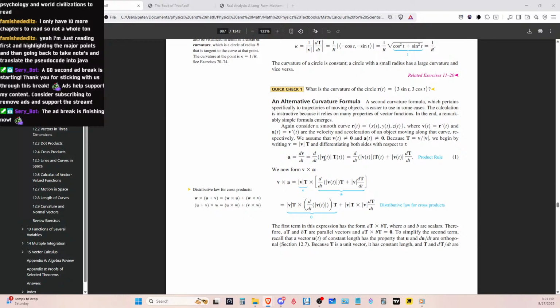So that's the derivative. Okay, oh, I think they're doing the product rule here.